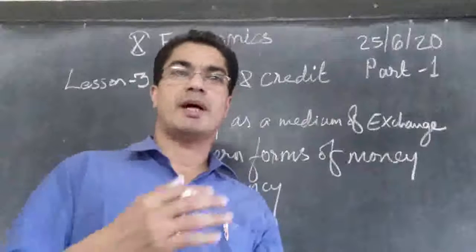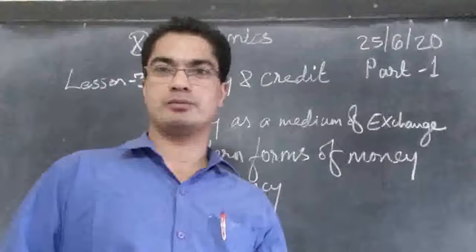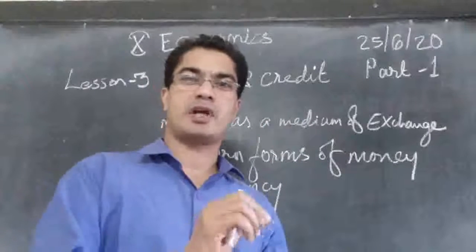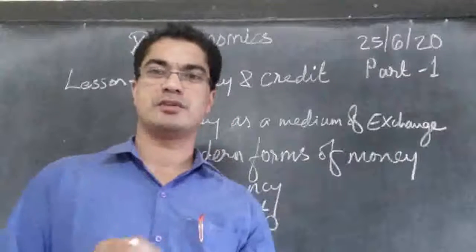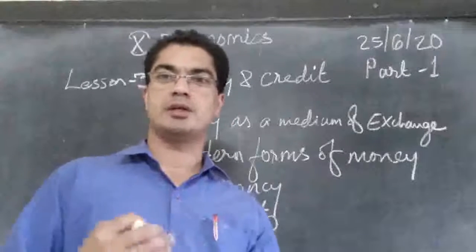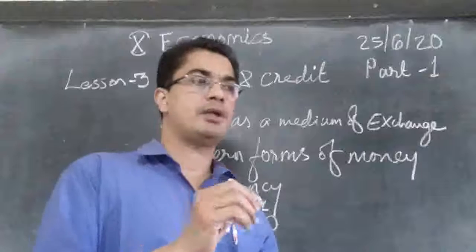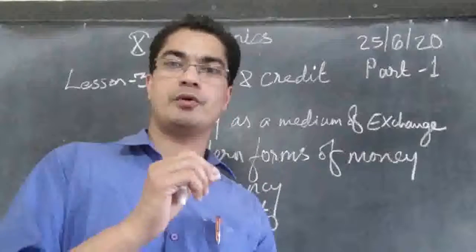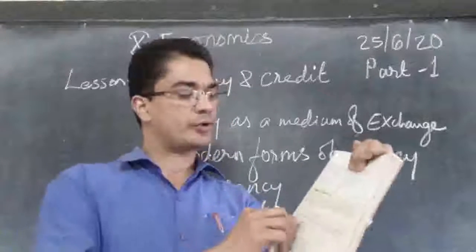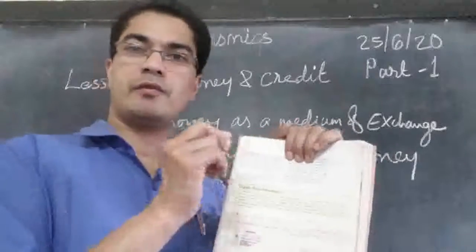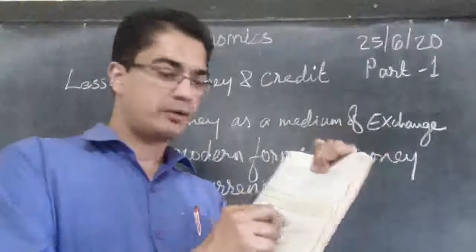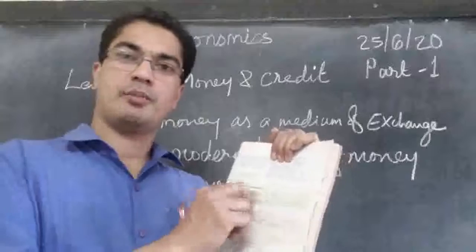Then you buy something from others, from the shop. You are buying your rice or your house, 10,000 rupees. And you will tell him, I will not give you cash, I will give you a check. So in that checkbook you write the shopkeeper's name, from whom you are buying, and write the amount.